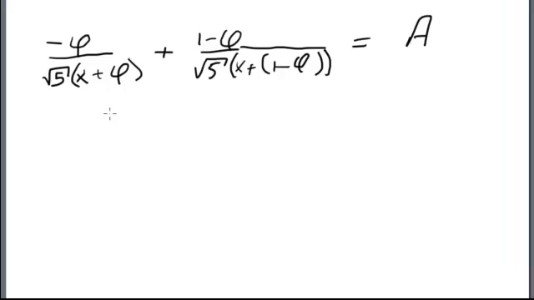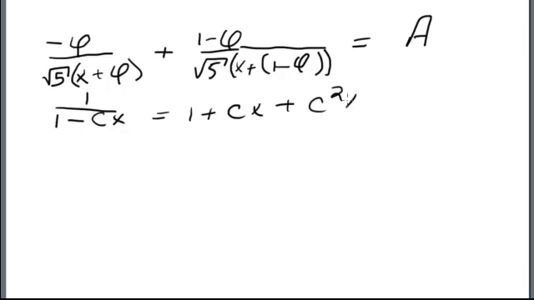So the one that we know is the multiplicative inverse of 1 minus cx: 1 over 1 minus cx is equal to 1 plus cx plus c squared x squared plus dot dot dot. We've already shown that.